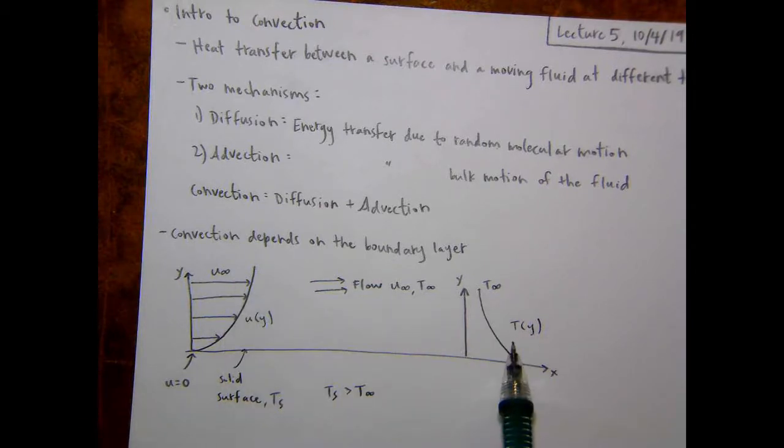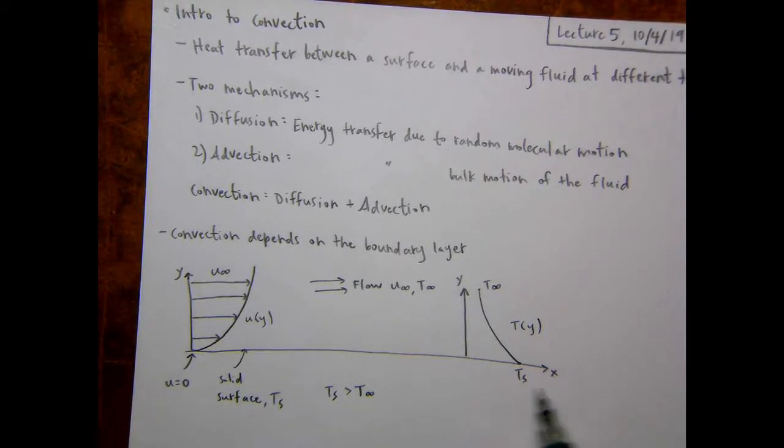The same thing is true with the thermal boundary layer. Right at the surface, the fluid is at temperature Ts, the temperature of the surface, and then it recovers up to the fluid temperature further away from the surface.